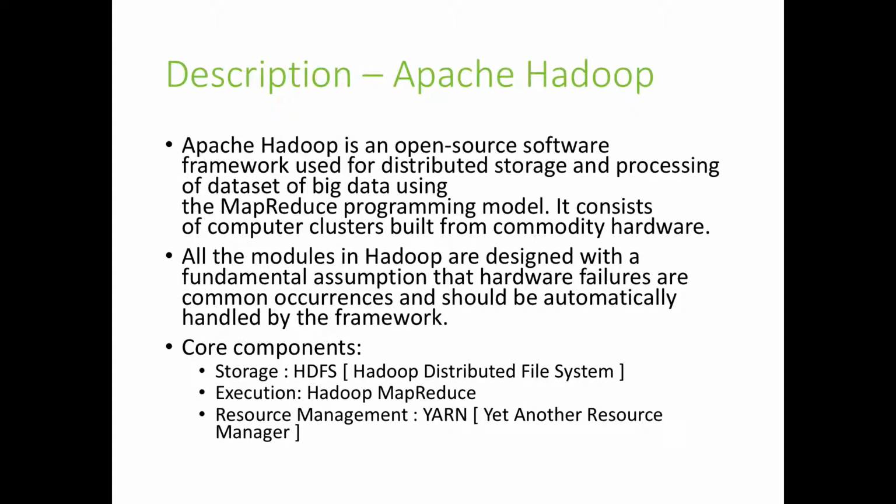Storage is provided by the Hadoop distributed file system, which you install across multiple small cheap hardware. If you're talking about bare metal, I can have two or three PCs and run a cluster on them. Then you have the execution engine, which could be MapReduce or Spark. MapReduce is more popular and has been implemented on Apache Hadoop.